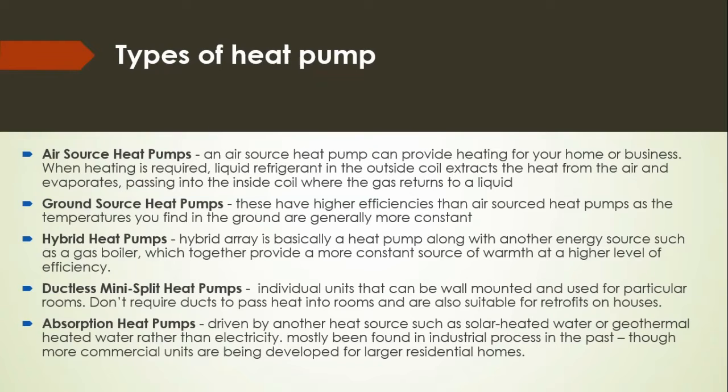So we go to the hybrid heat pump. The hybrid heat pump is arranged basically alongside another energy source such as a gas boiler, which together provide a more constant source of warmth at a higher level of efficiency.